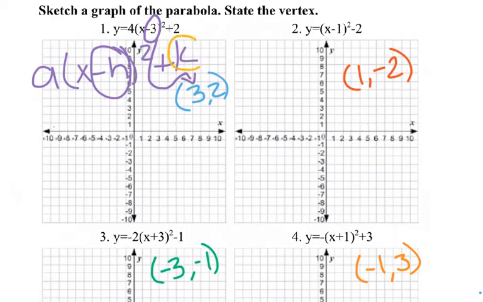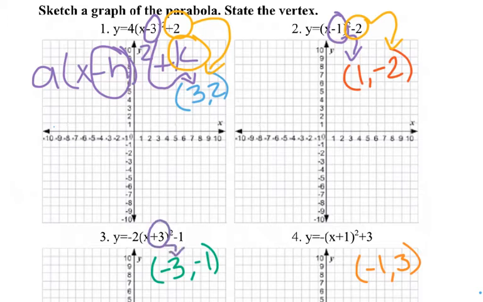And then the k value is just at the very end, and that's your y coordinate of the vertex. So here, I'm going to highlight it again. The opposite of negative 1 is positive 1. That's my x coordinate. The last number is my y coordinate. Same thing with these. The opposite in here is my x coordinate. The last number is my y coordinate.